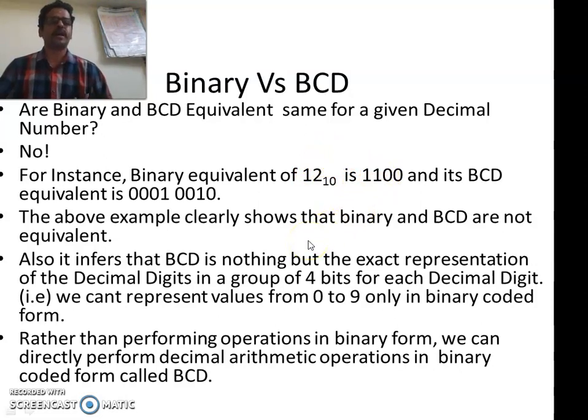Then one more question arises: why do we need to go for BCD arithmetic operations? We already know that computers can perform arithmetic operations on binary values. Now we are trying to make computers perform arithmetic operations directly with decimal numbers with the help of the concept called BCD, or binary coded decimal.